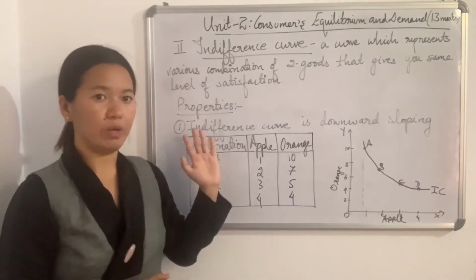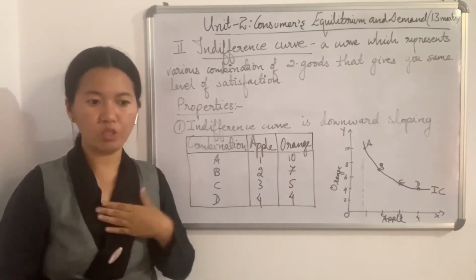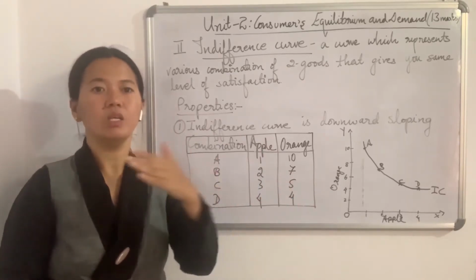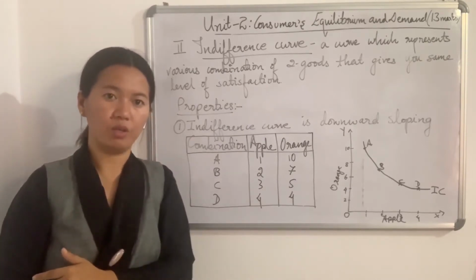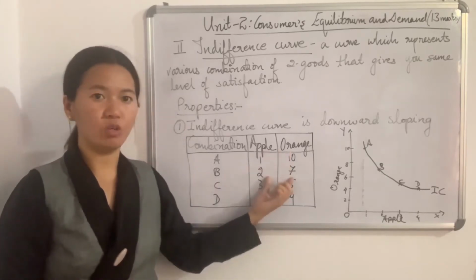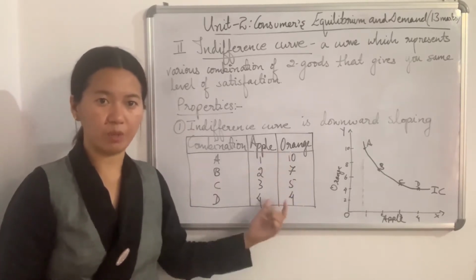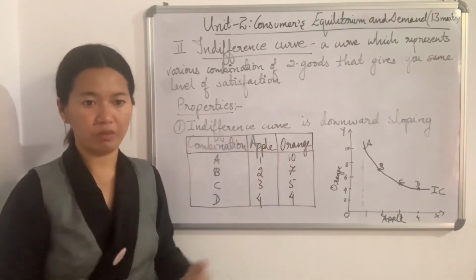That is why our indifference curve is downward sloping, because when we consume more of one good, we have to sacrifice the other good. That is, there is an inverse or negative relation between the consumption of these two goods. It is because of monotonic preference. This is the first property of indifference curve.